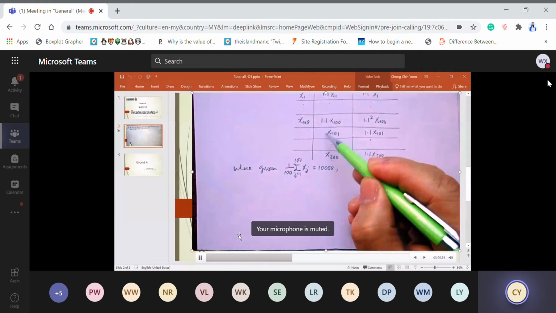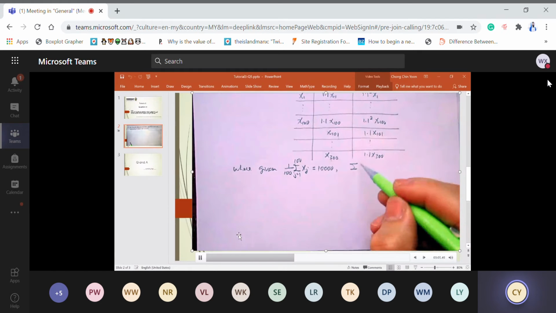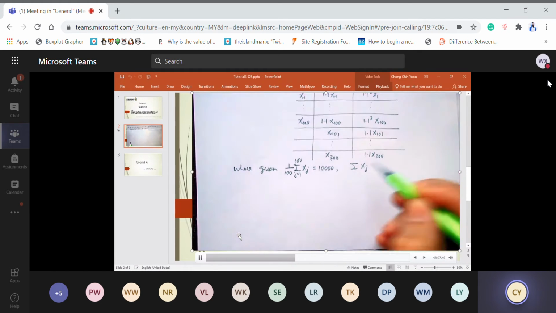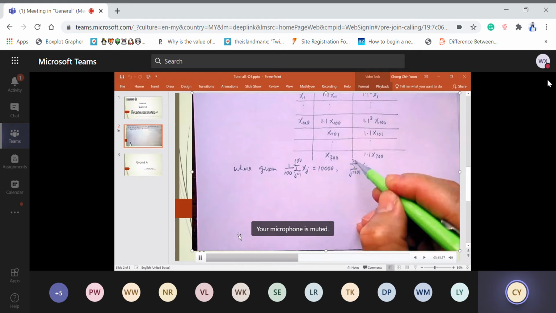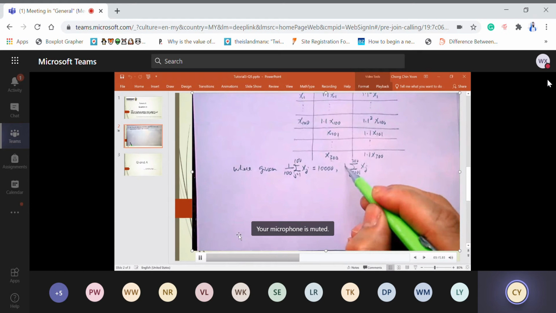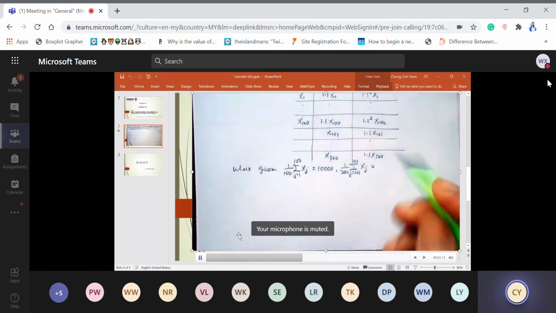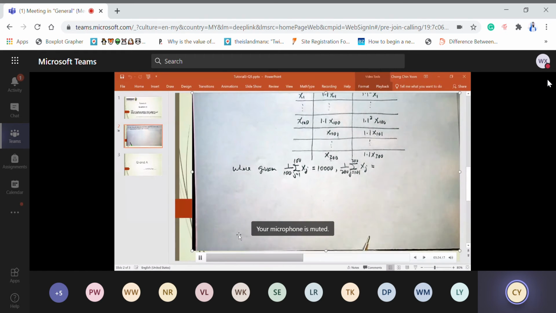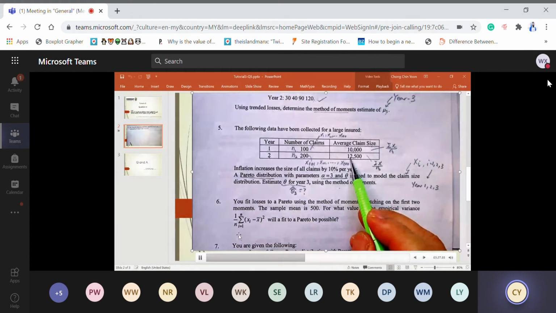For this average, the summation of Xj, when j takes from 101 to 300, divided by 200, which is the sample size, equals 12,500.